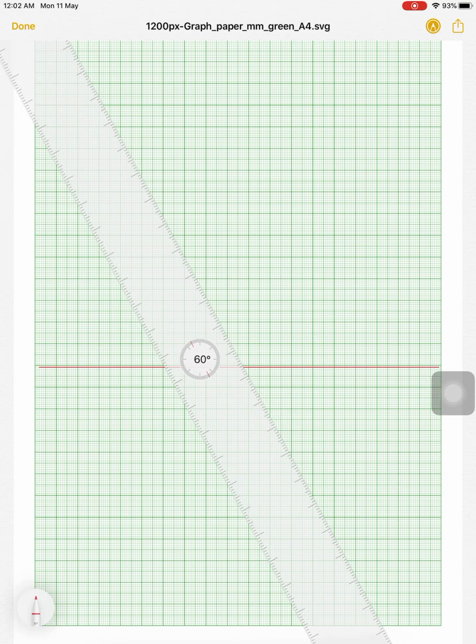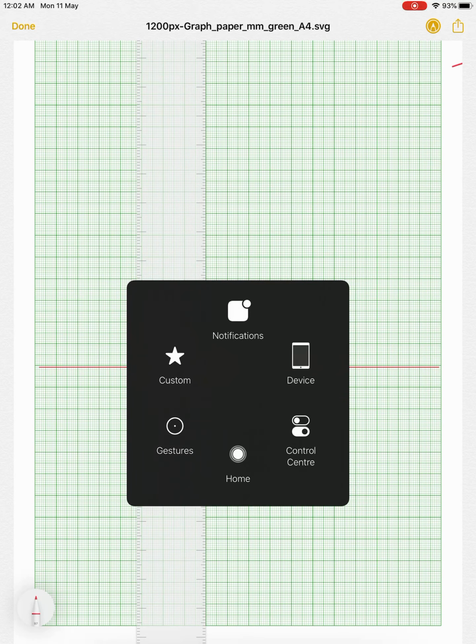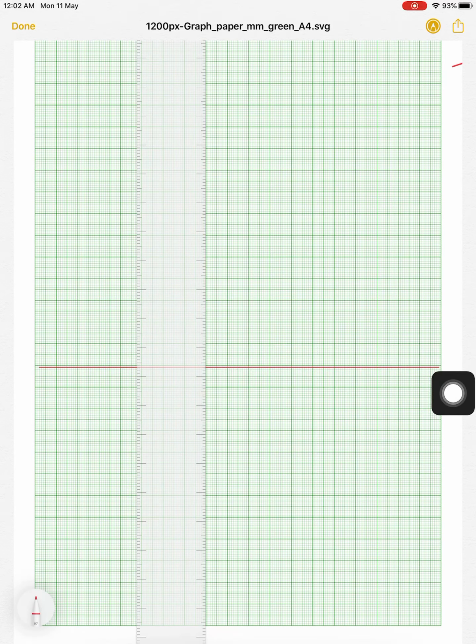Now I shall draw another axis. So I have drawn both the axes here.